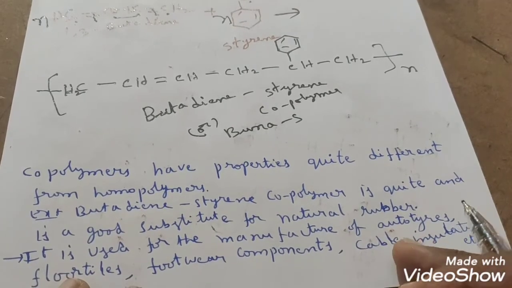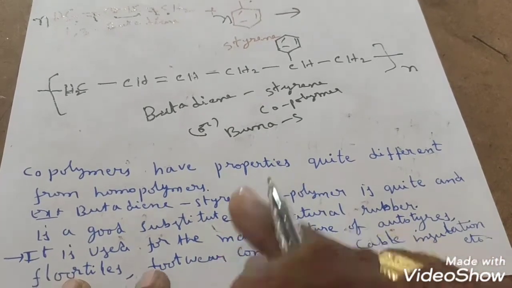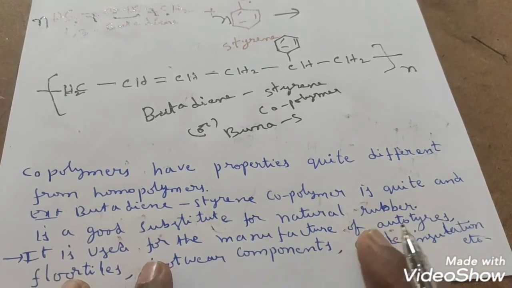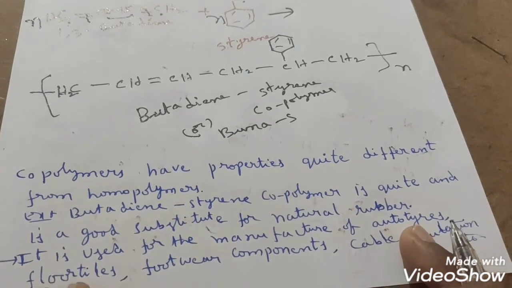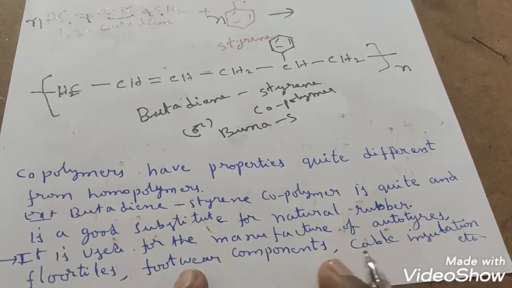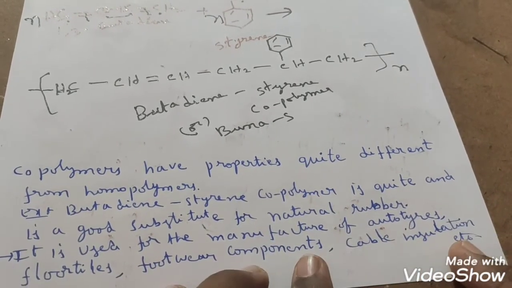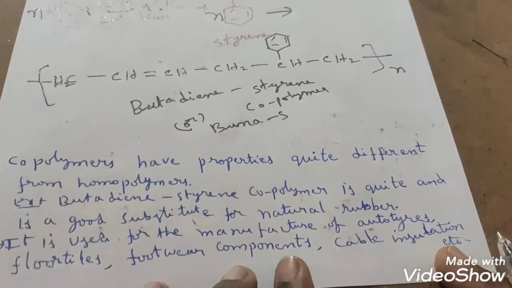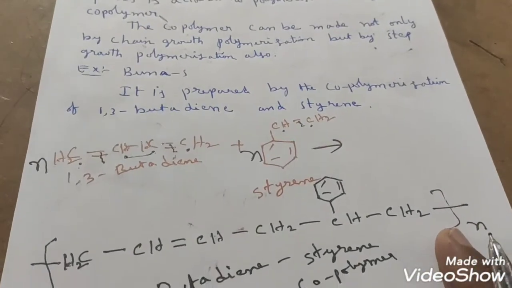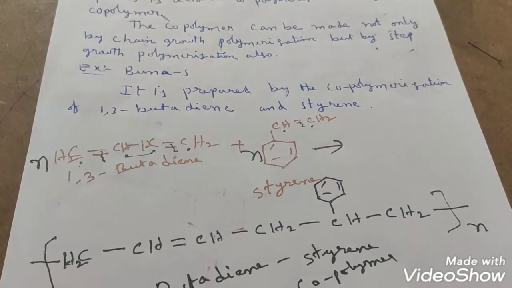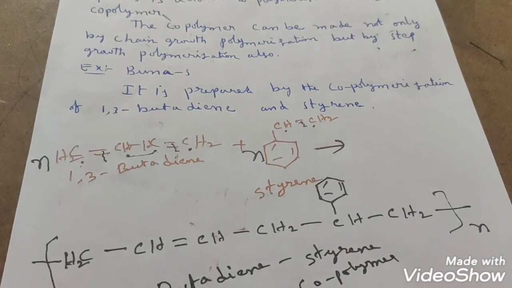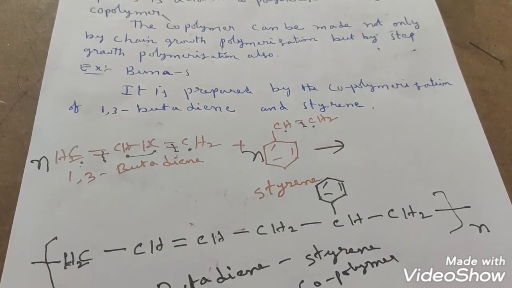Everything we are going to discuss in the next topic. Where do we use this one? It is used for the manufacture of auto tires, floor tiles, footwear components, cable insulation, etc., students. This is about copolymerization. Okay? What is rubber? That rubber part we will discuss in the next class. Thank you.